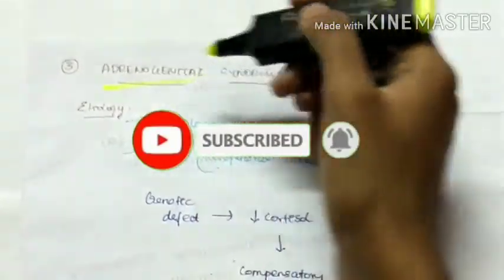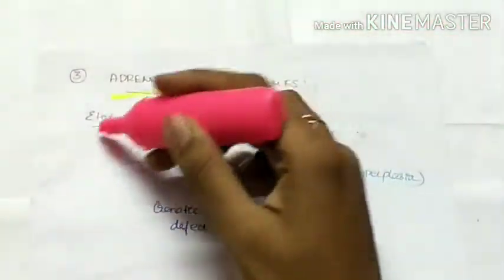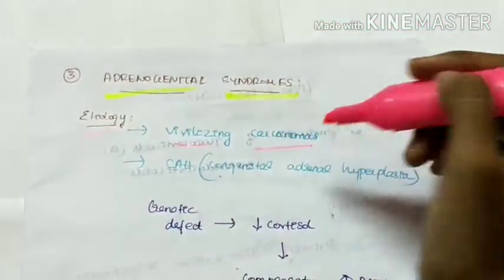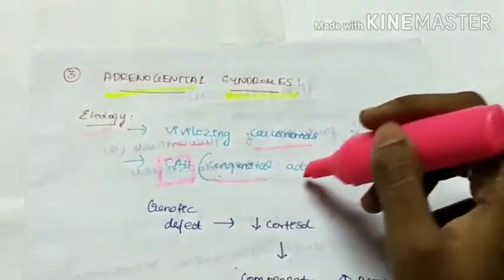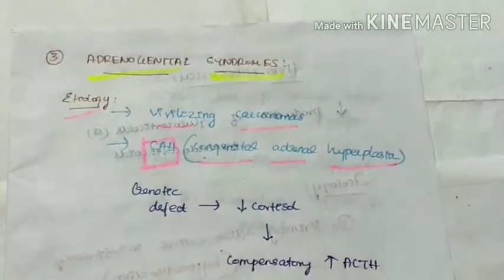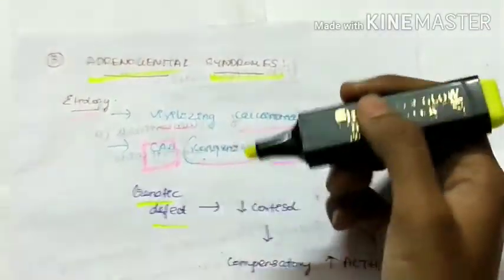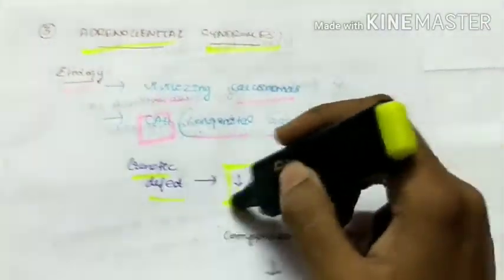Third is adrenogenital syndrome. Etiology for this is virilizing carcinomas and CAH, which stands for congenital adrenal hyperplasia. So the congenital adrenal hyperplasia is a genetic defect which causes decreased cortisol levels.